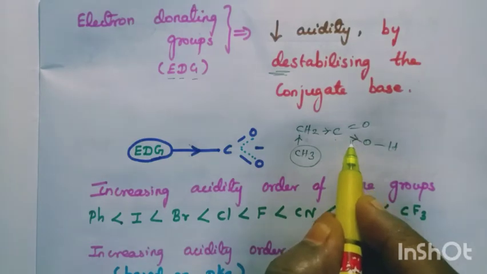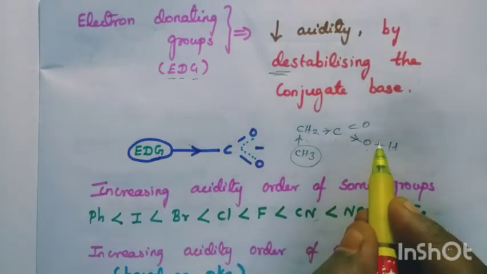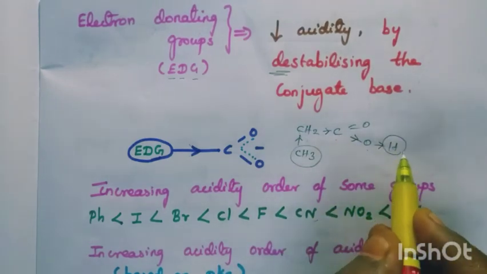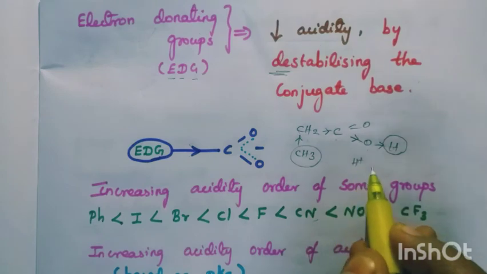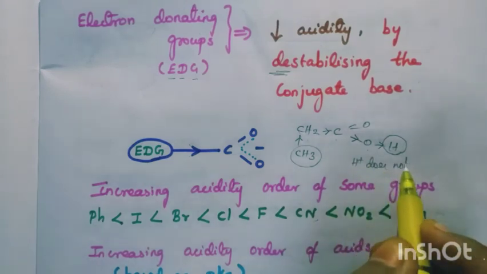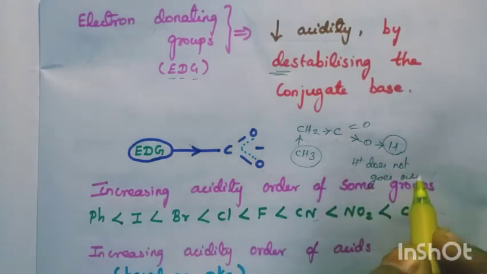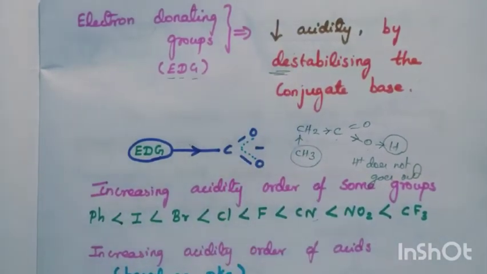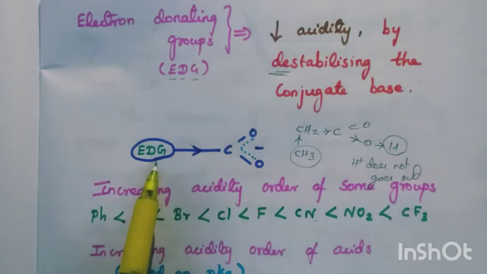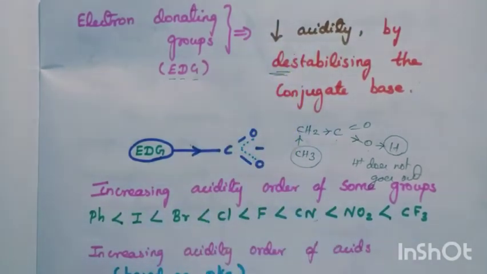This donates to oxygen, which becomes electron rich. So the H plus does not go out, because the electrons are donated and held there. That means automatically the acidity decreases. Therefore, an electron donating group decreases acidity.